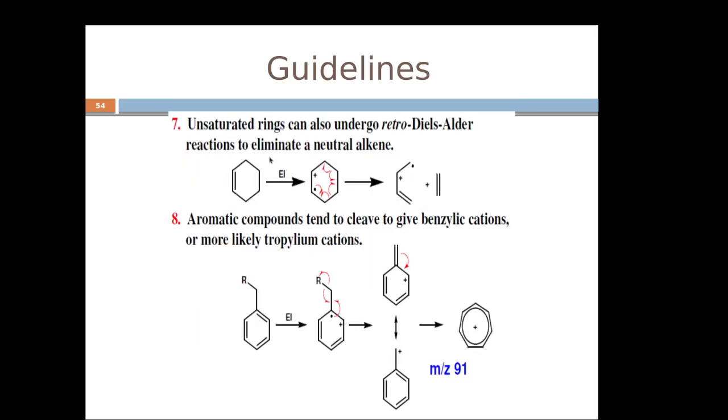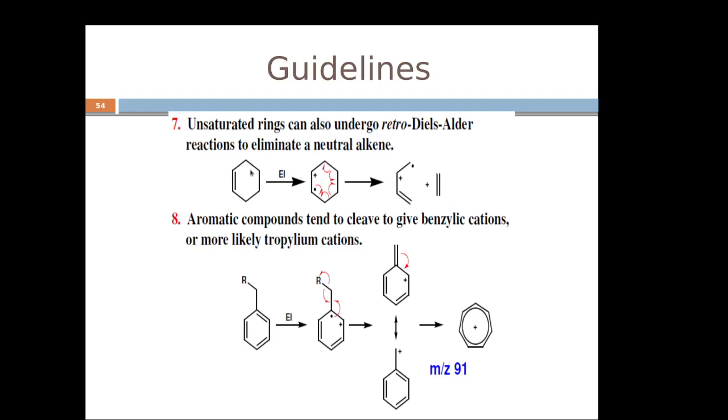In the case of unsaturated rings such as cyclohexene, which we have shown in the previous rule could undergo allylic type cleavage, a retro Diels-Alder reaction can also happen to the molecular radical cation, so that it forms a radical cation and a neutral alkene species.